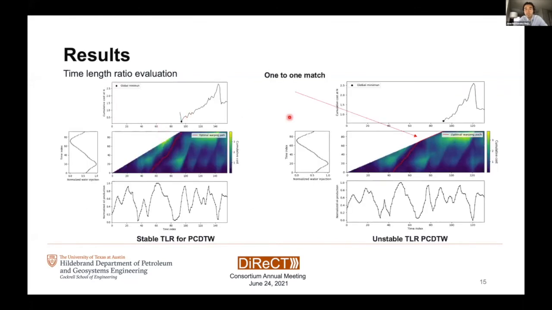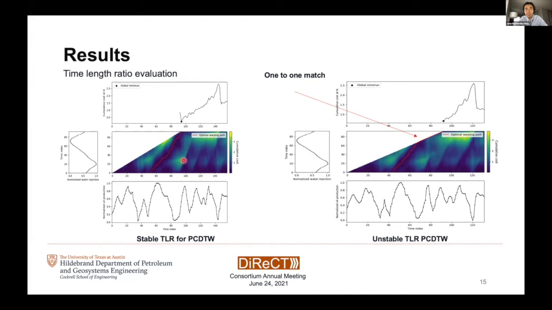We can observe that because in this case these two time series are almost the same size: this one is around 90 points in time, and this one is 125 points in time. Since we don't have future points, and because of the constraint, the algorithm is just going to generate one-to-one matches, finding the optimal points along the border between the constraint and the search space.